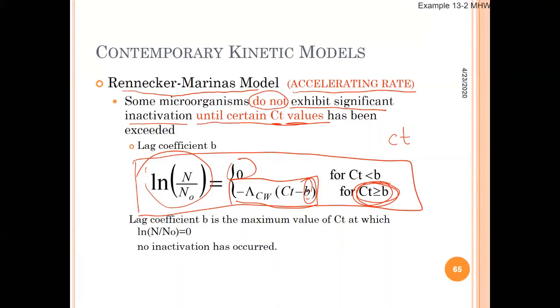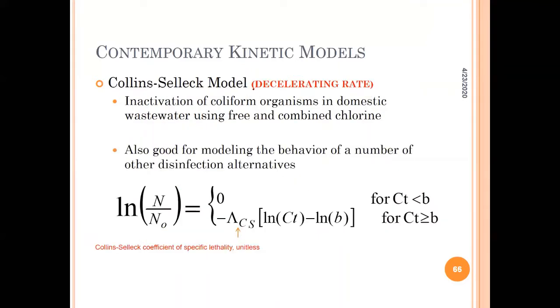Another model, which explains de-accelerating rate, is proposed by Collins-Selleck, two scientists. They said that inactivation of coliform organisms in domestic wastewater using free and combined chlorine, this case occurs.